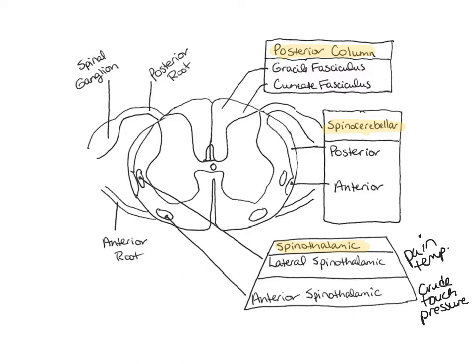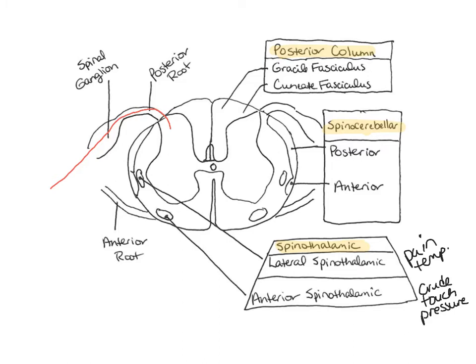Okay? All right, so let's take the lateral spinothalamic. We're going to see that the first order neuron picks up pain. And it's going to carry that information in through the posterior root into the posterior gray horn, right?